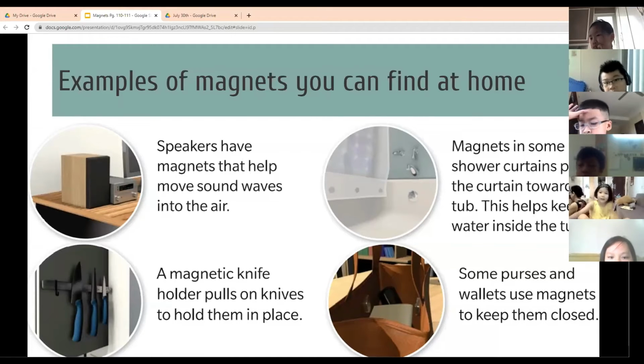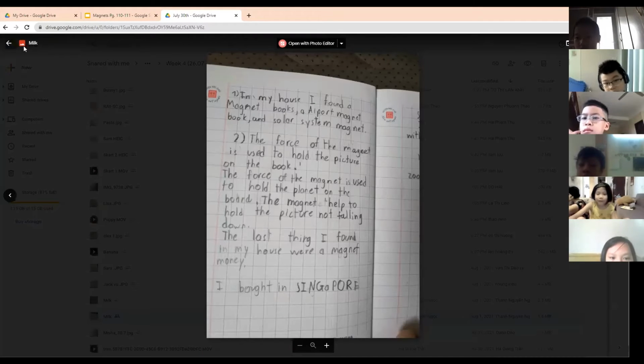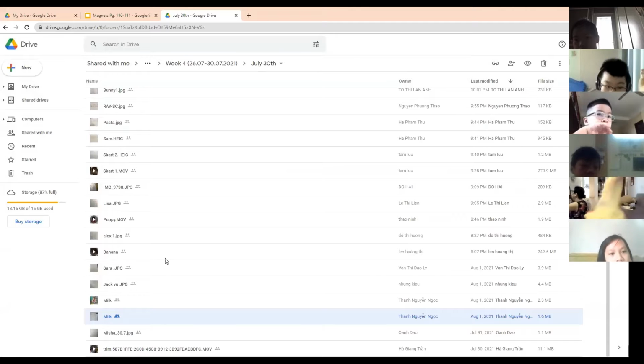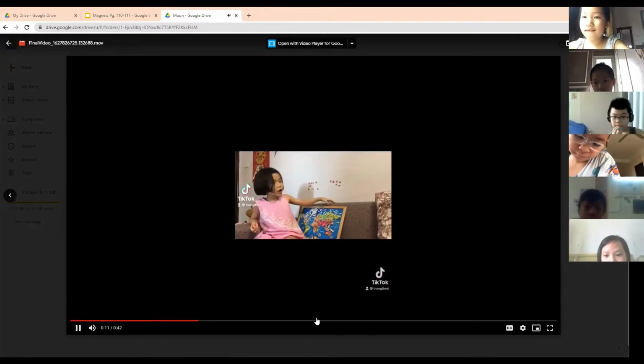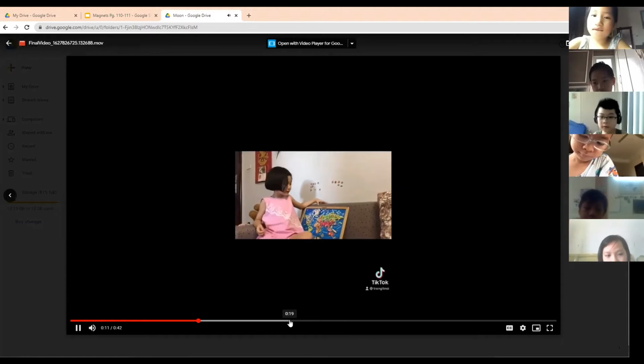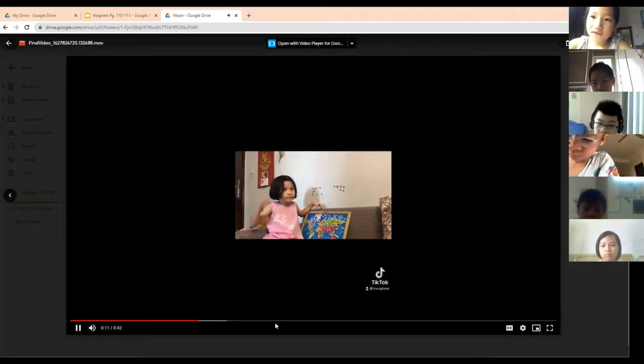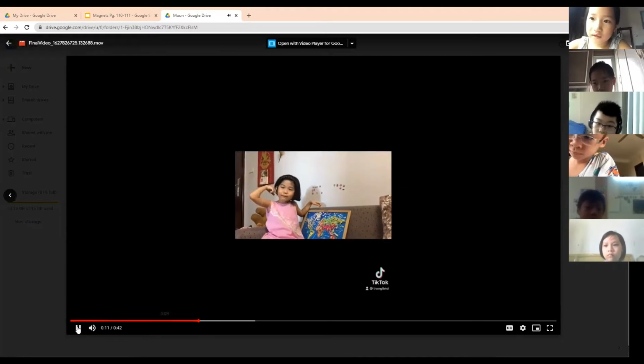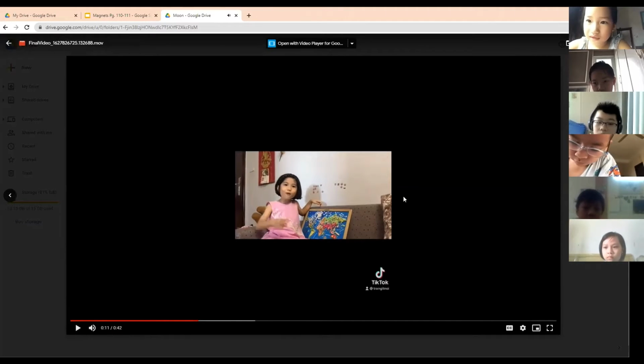I took a piece from my map. Here it is. Yeah, I found it. So Moon, why does her magnet look like a map? Yeah, a world map.